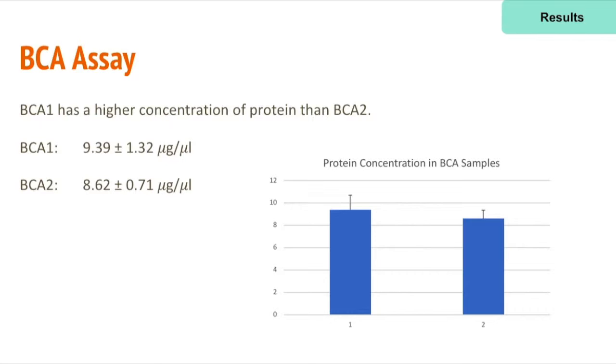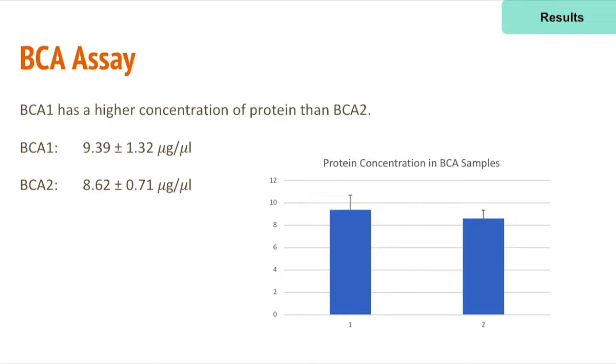The results of the assay are shown in this slide, where BCA sample 1 has a higher concentration of proteins than BCA2. The former has a concentration of 9.39 micrograms per microliter, with a standard error of measurement of 1.32, as compared to the latter sample, which has a concentration of 8.62 micrograms per microliter with a standard error of measurement of 0.71.